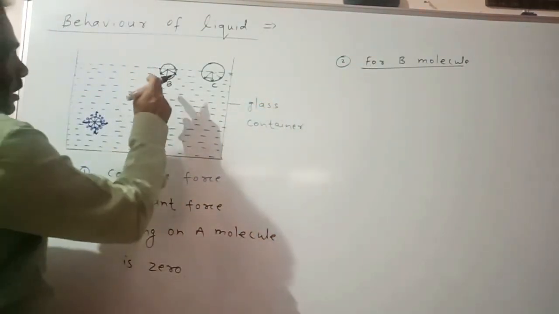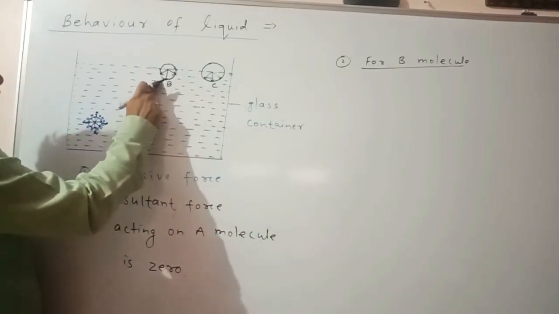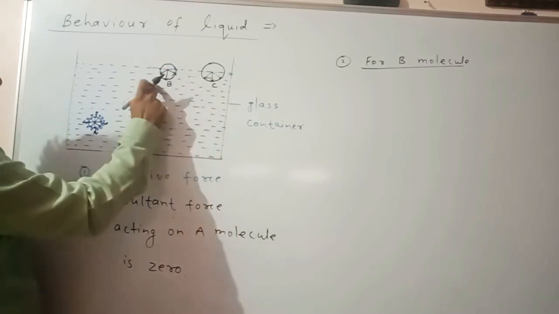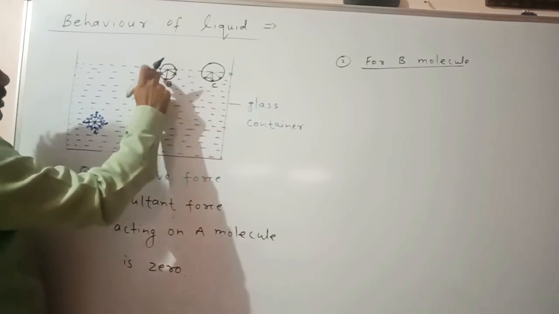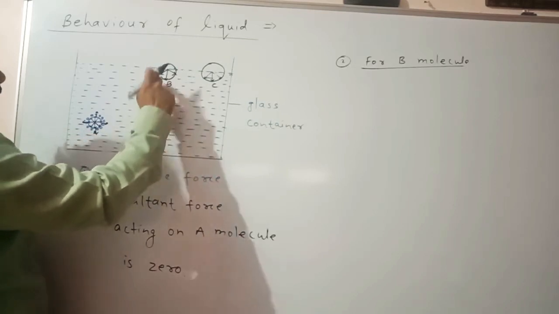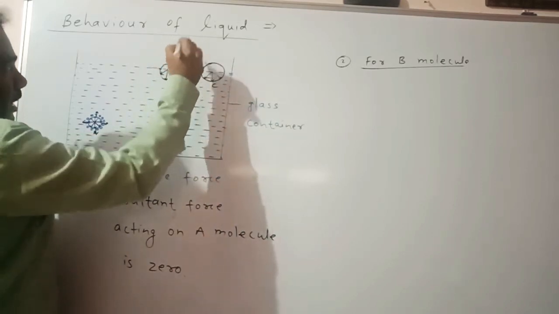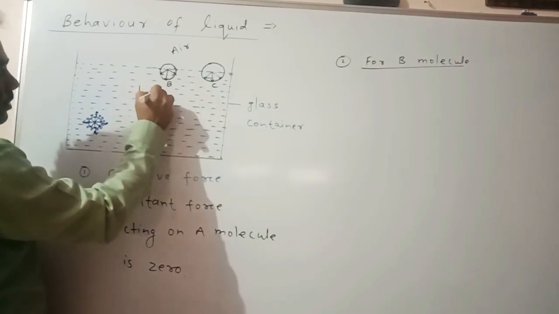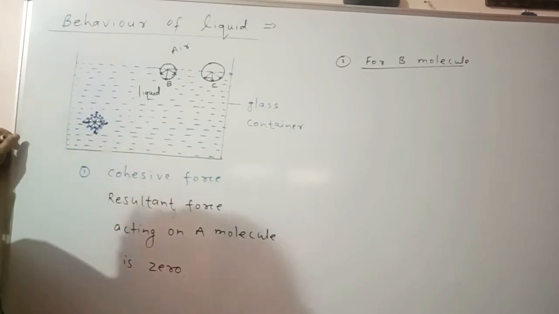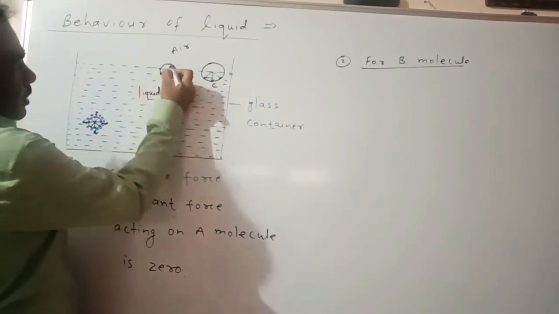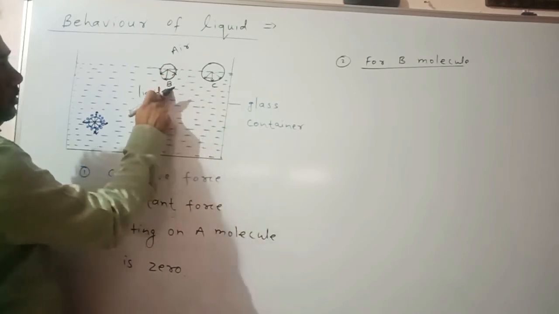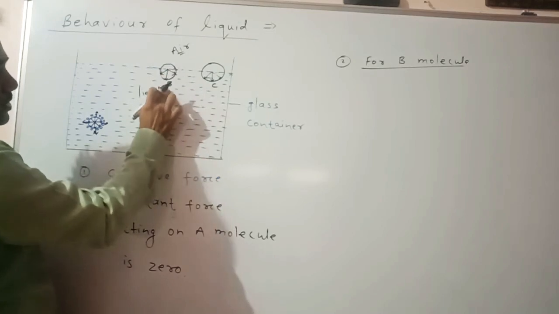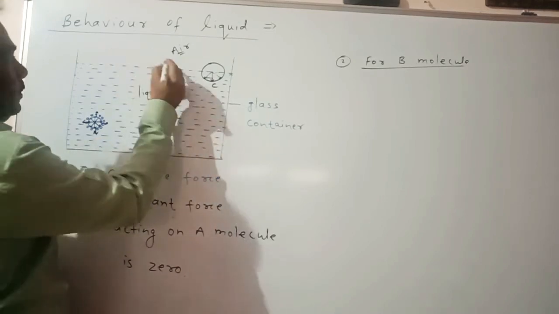This B molecule is present below the surface of water, but the sphere of influence of molecule B is in the air medium also, and below the surface, that is the water medium, or we can say liquid medium. A minor part of the sphere of influence of molecule B is in the air medium and a major part is in the liquid.